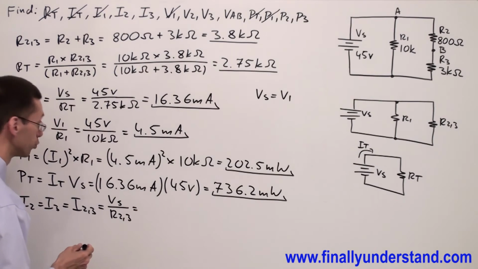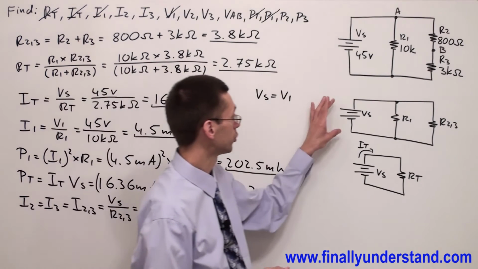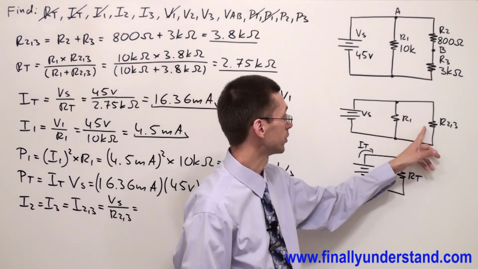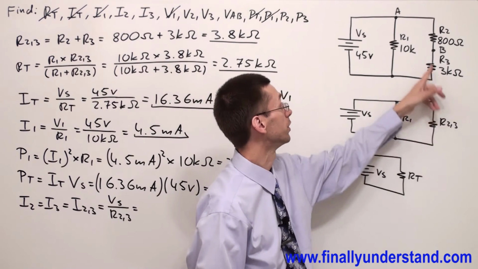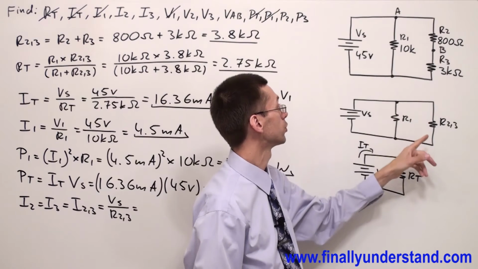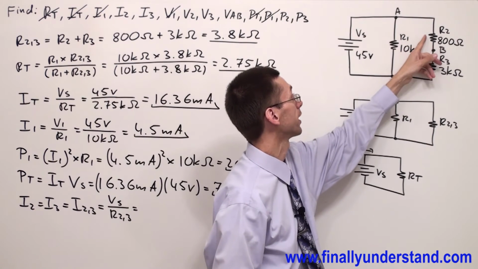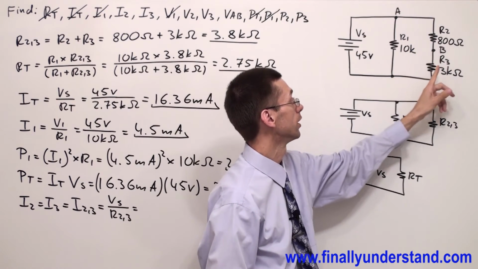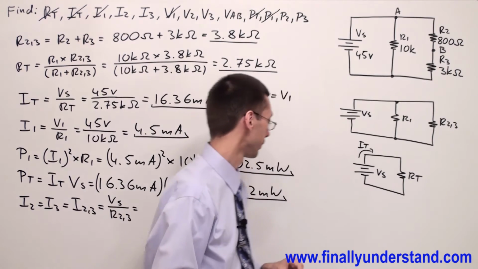Okay, we're supposed to use Ohm's law. Voltage source divided by resistance R23, which is the combination of these two resistors, is going to give me the value of the current which will go through resistor R2 and resistor R3.